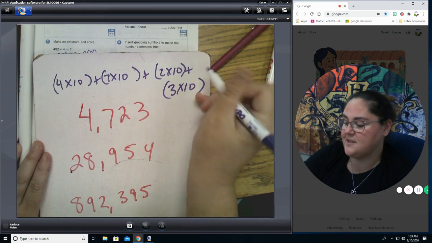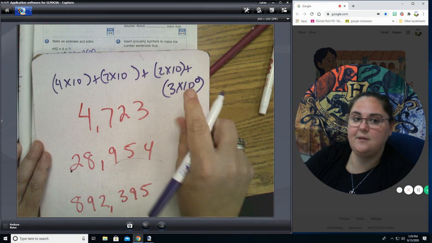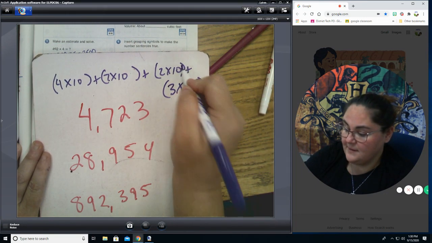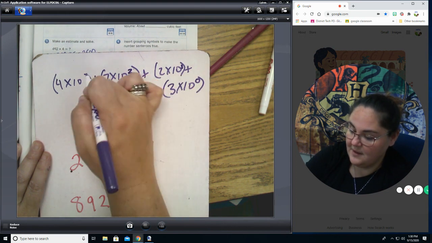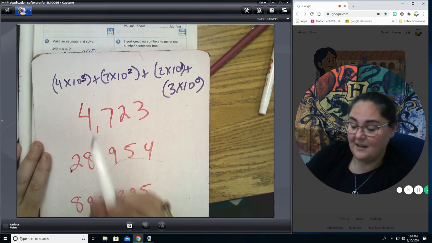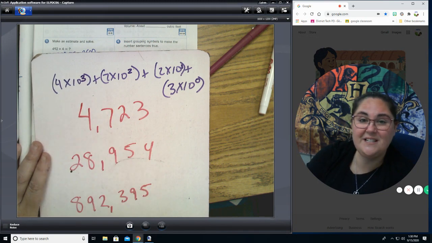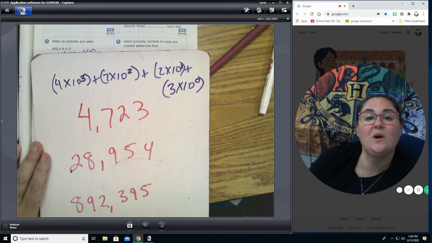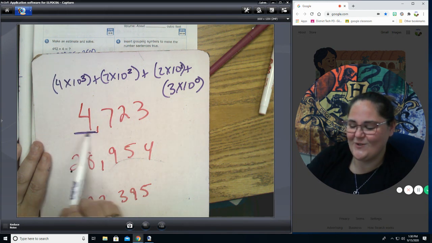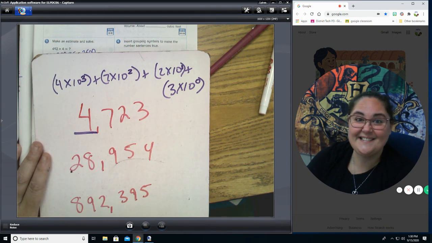I know that 3 is in the ones place, so that's the same thing as 10 to the 0 power. And then I'm going to go 1, 2, 3. To check my work, 4 times 10 to the third is the same thing as 4 times 1,000. And this is 4 times 1,000.